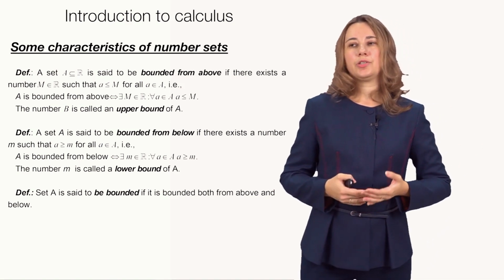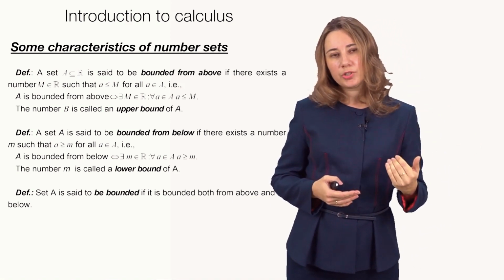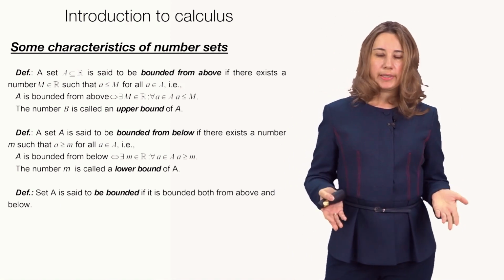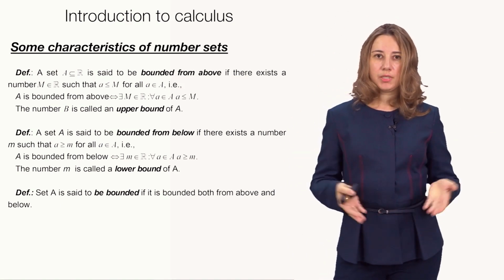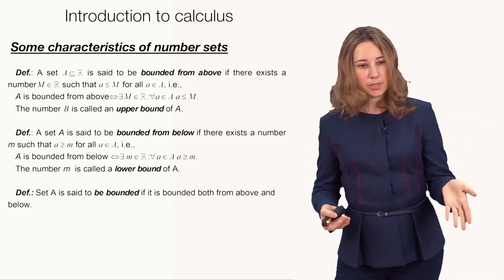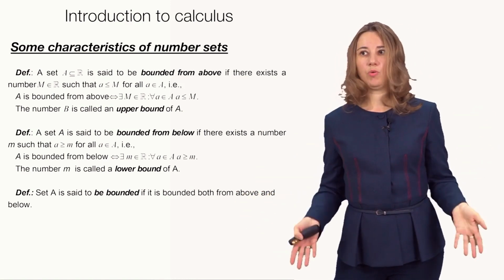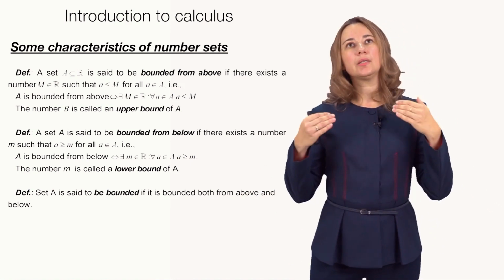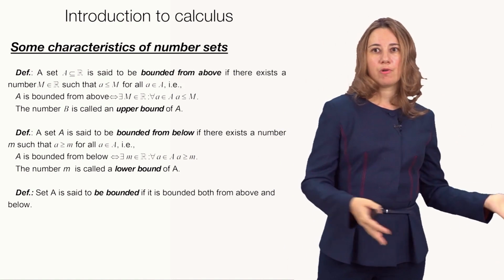Please note that the upper bound and the lower bound are not unique. Apparently, if capital M is an upper bound, then M plus 1, M plus 2, M plus 3, and so on are also upper bounds. And we can say the same for lower bounds.